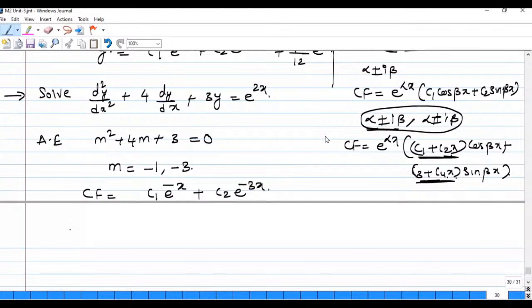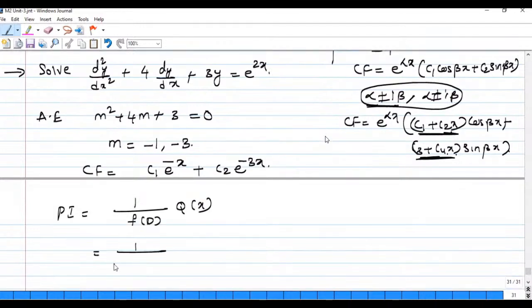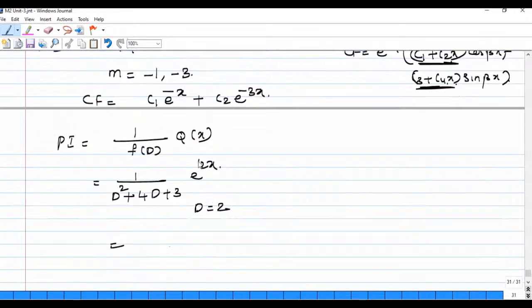And for finding the particular integral, what is 1 by f of d into Q of x? What is f of d? D square plus 4d plus 3 into e power 2x. Now put d equal to 2 because a is 2 here.